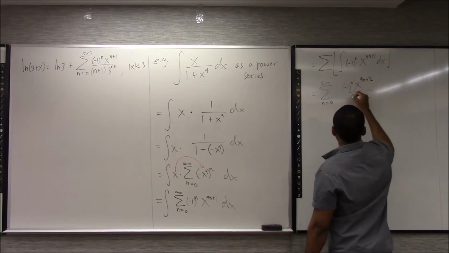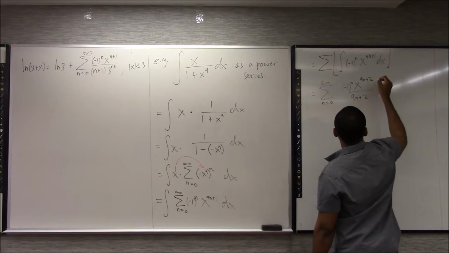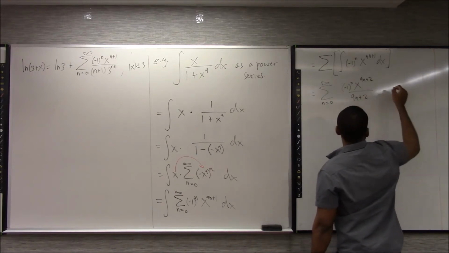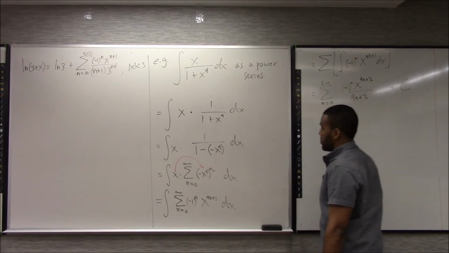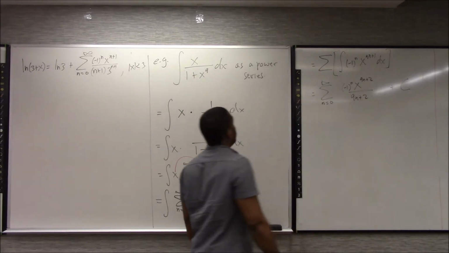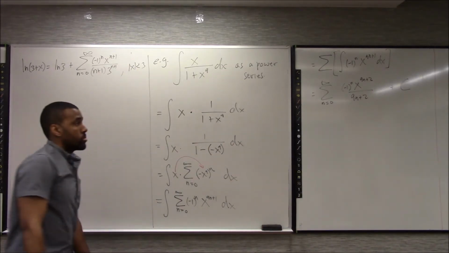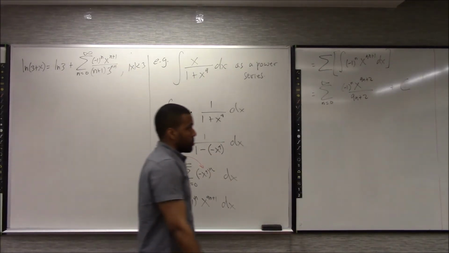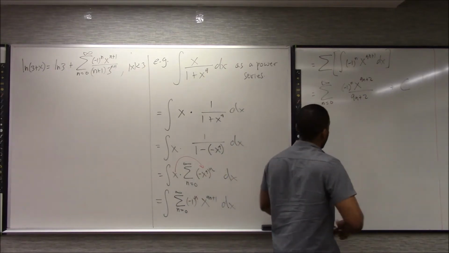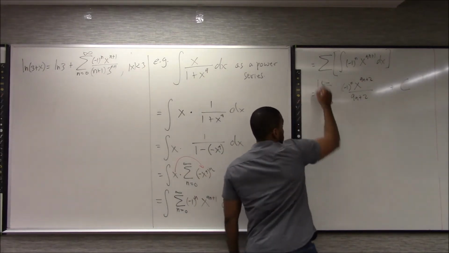Then we get x to the 9n plus 2 divided by 9n plus 2. So it's plus c. So that's what the answer would look like as a power series.